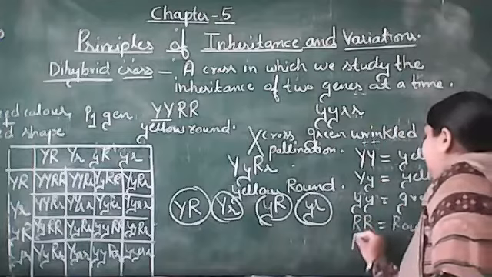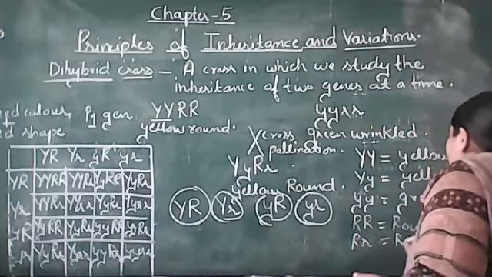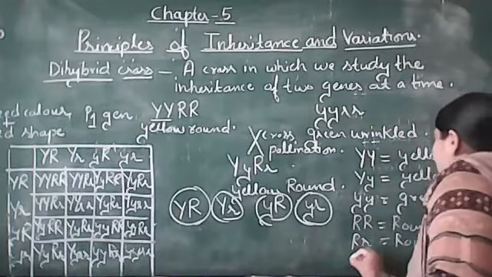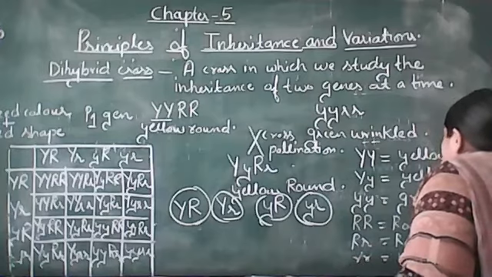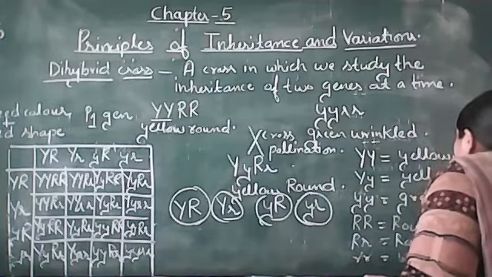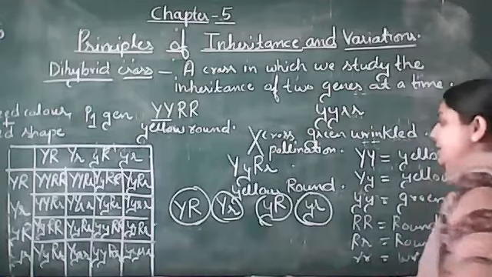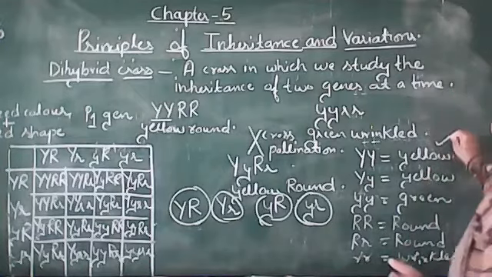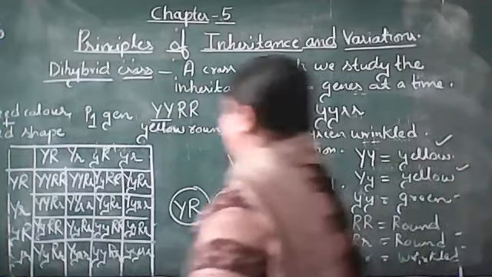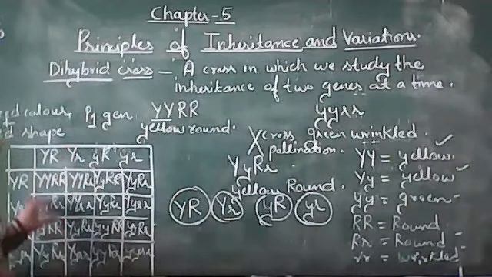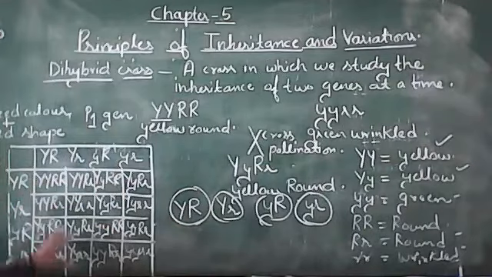Capital R, small r is also round shape. And small r are always wrinkled shapes.